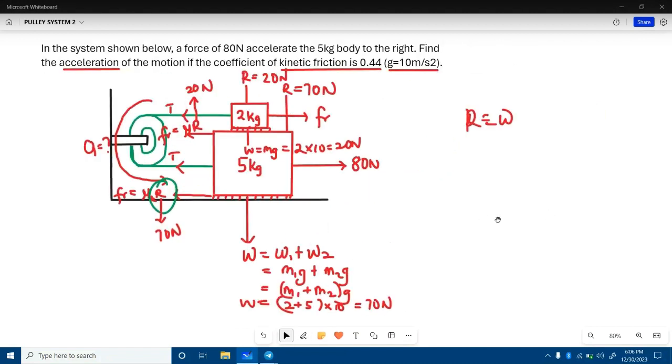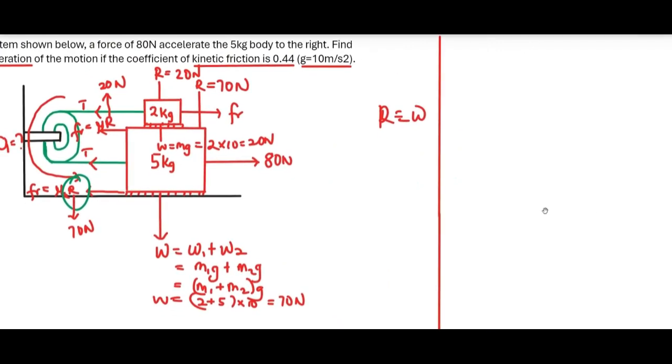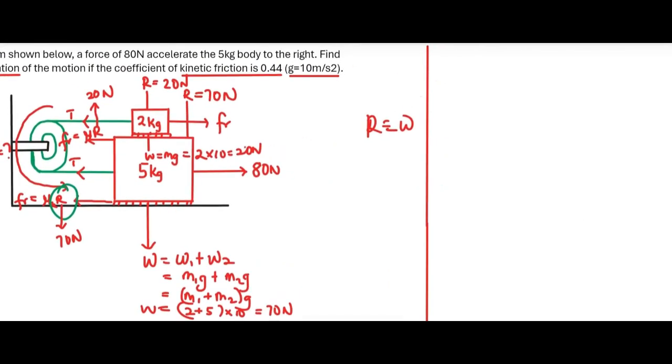Can we get the acceleration? So for our equation 1, which is the lighter mass, I'll be using another color of pen so we can see everything clearly. So I have Fr and T are the two forces on the lighter mass.